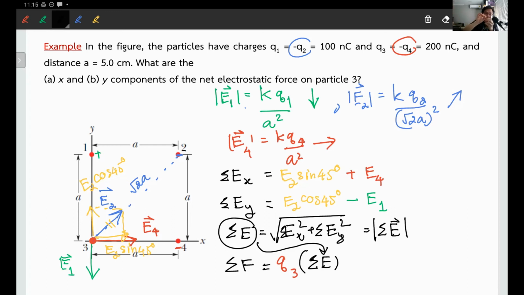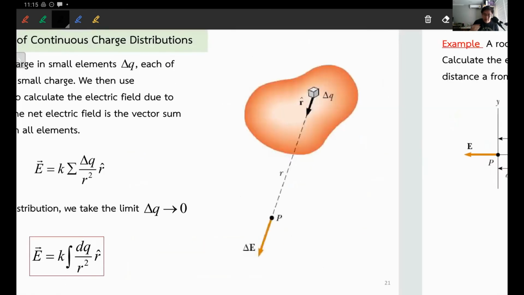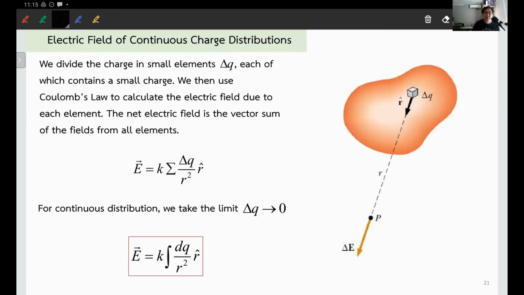Even though electrons are tiny, once you bring in millions of them, you can think of it as pretty smooth. So we're going to look at what happens when you have a chunk of charge, a distribution that is continuous.